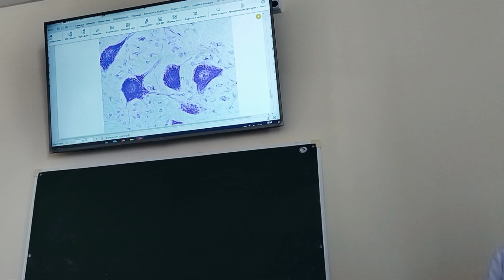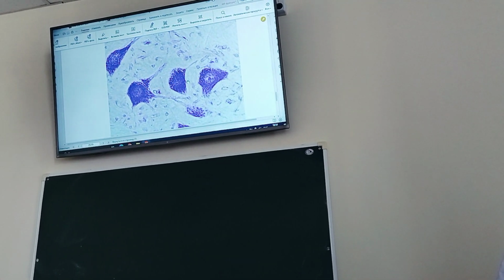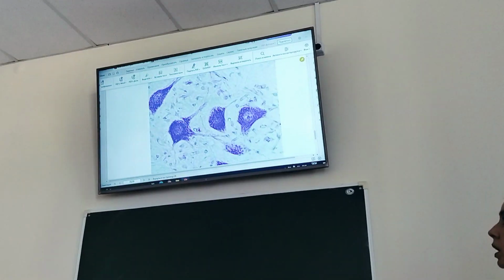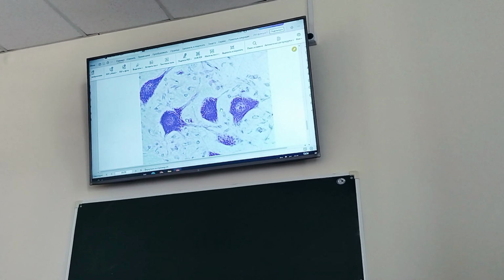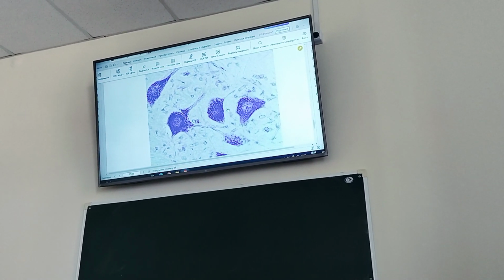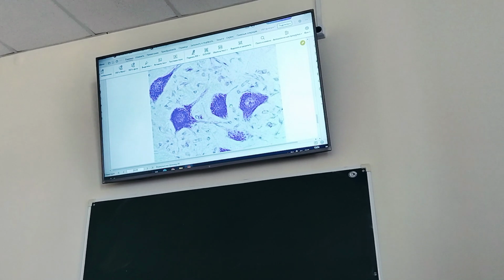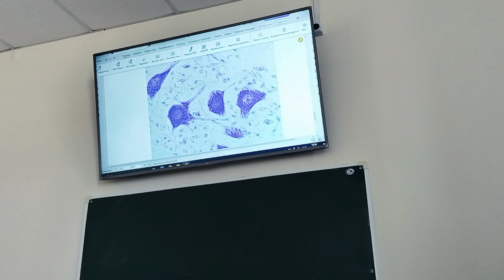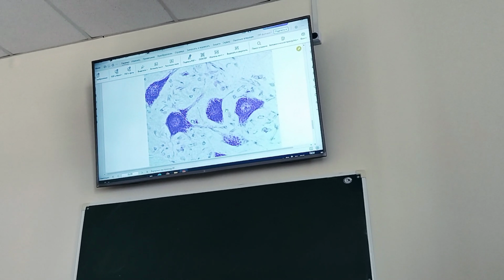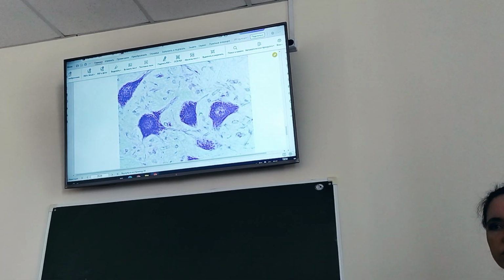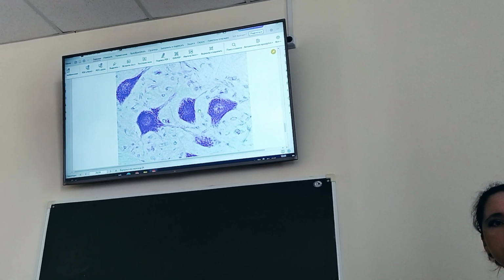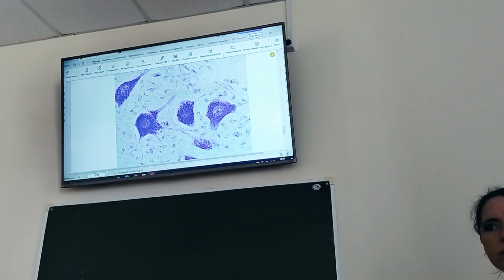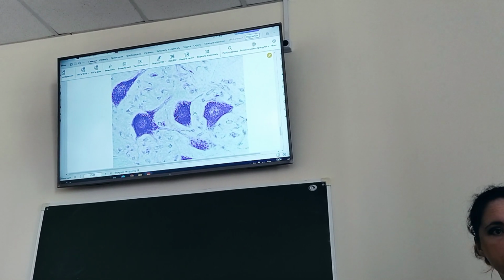This is our last topic, neurons. Neurons, so nerve cells, taken from the ventral horns of the gray matter of the spinal cord, visualized by Nissl stain or toluidine blue. Here it's better to start your explanation with the specific shape.